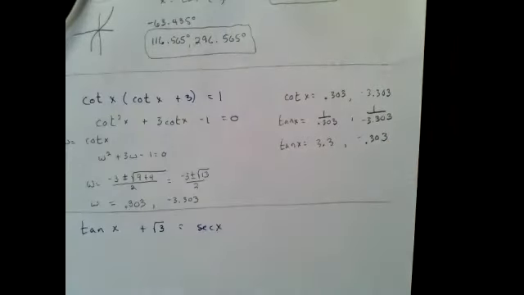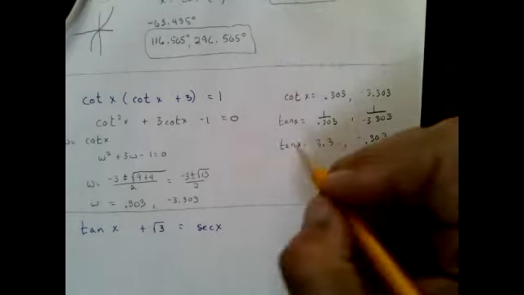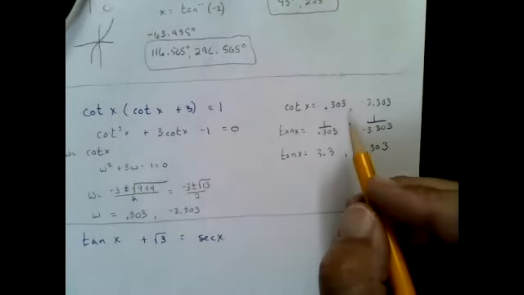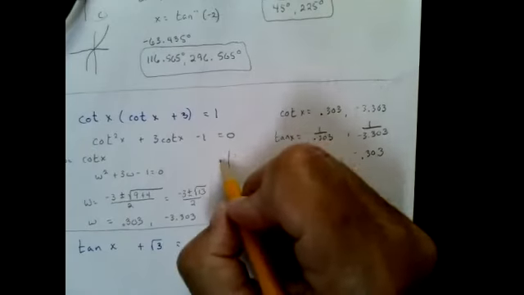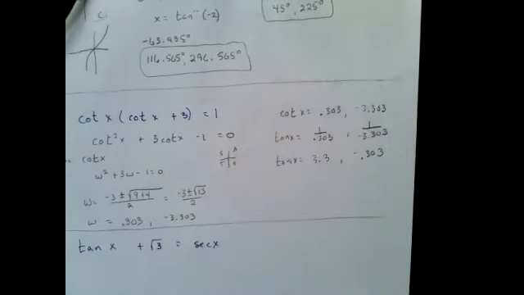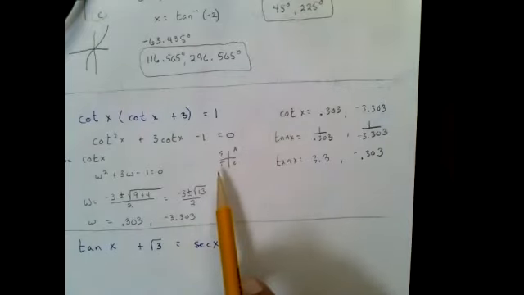All right, so I have the tangent equaling two different numbers. And guess what? I'm going to end up with four answers again. How am I going to do that? Well, as I checked just a few moments ago, with all spiders taste crunchy, the tangent is positive in the first and third quadrants.